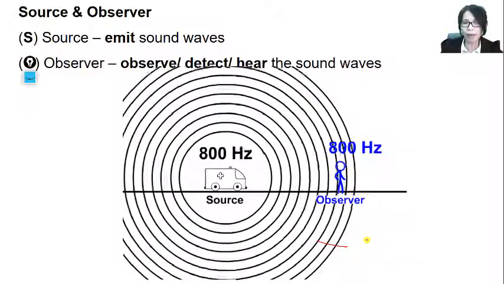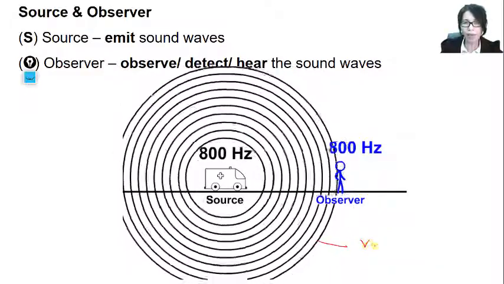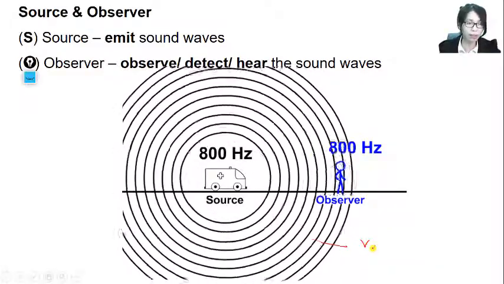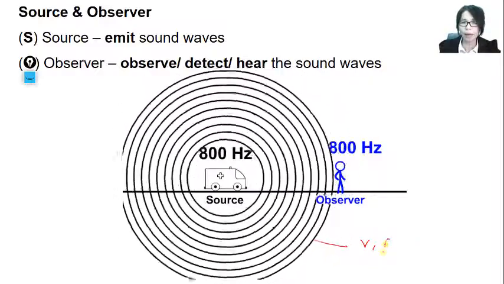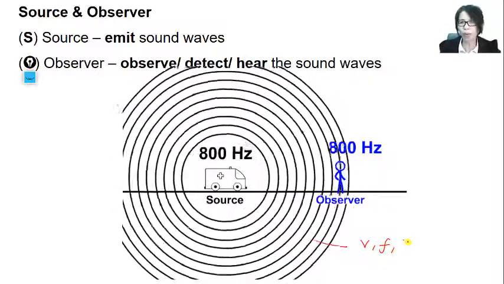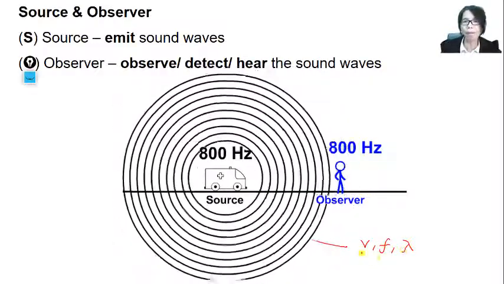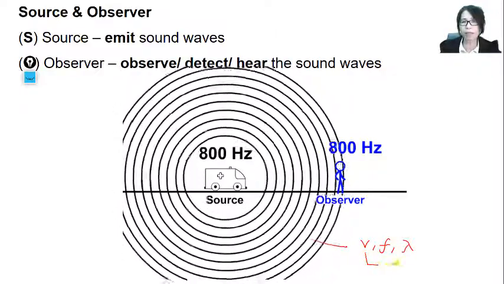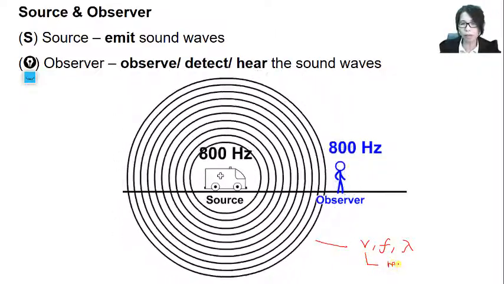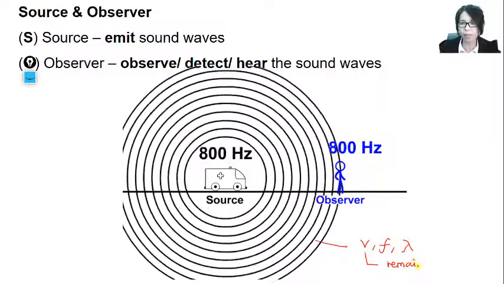The sound wave that is emitted will move with a certain velocity, and have a frequency and also wavelength lambda. Basically, the speed of the sound remains constant for the same medium.